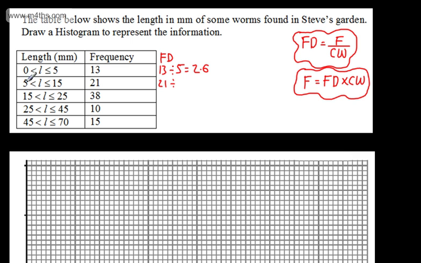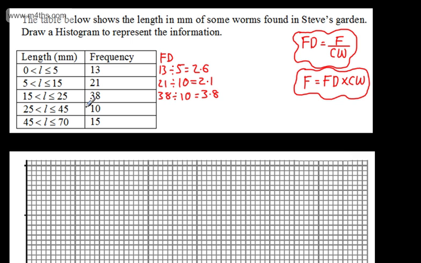We're looking at now the class width, that's going to be 10, and that gives me a frequency density of 2.1. The next one here, we got 38, and we've got again a class interval of 10. So 38 divided by 10 gives me 3.8. So our frequency density is 3.8.